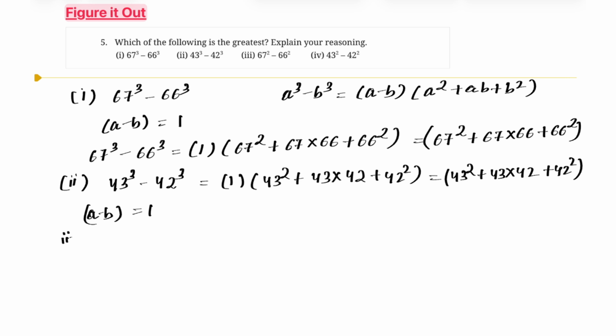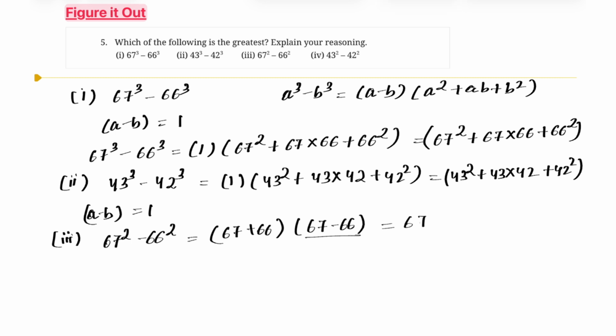Next option is 67 square minus 66 square. We can see this is in the a square minus b square form, so we can use the formula (a plus b) into (a minus b) to solve this. Here a minus b is 67 minus 66, which is equal to 1. So the answer is 67 plus 66.